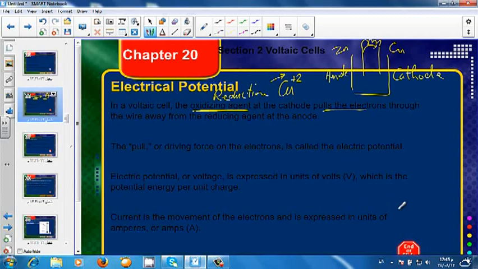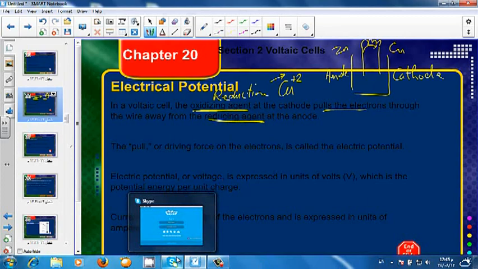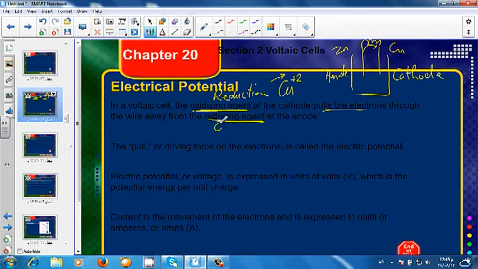So we consider copper ions the oxidizing agent, through the wire away from the reducing agent. What is the reducing agent here? Which part is oxidized? The zinc, because zinc loses electrons and changes into positive zinc ions, so it is oxidized, and we consider it the reducing agent.